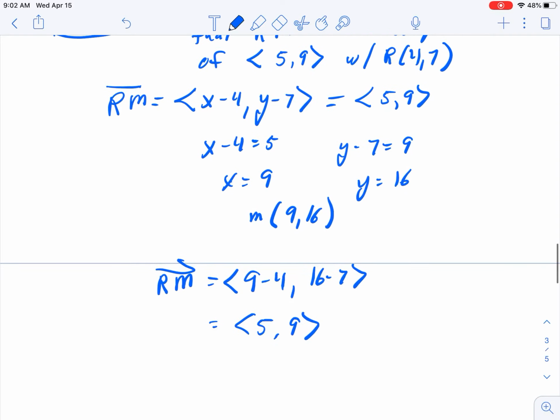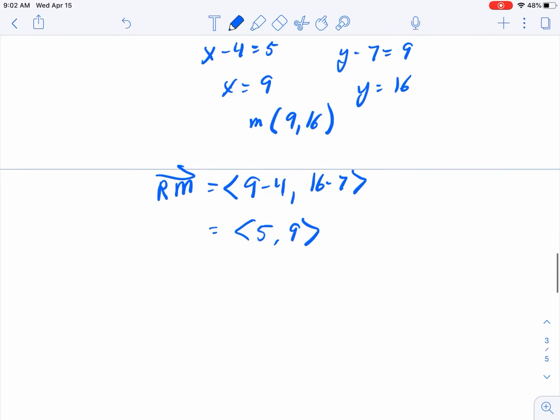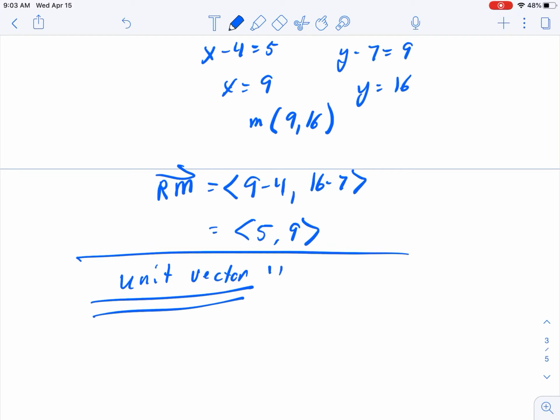So anyway, hopefully you're wrapping your head around what a unit vector is. You've been doing them, which is a good thing. Just understanding what they are, and we'll add a lot more to this.